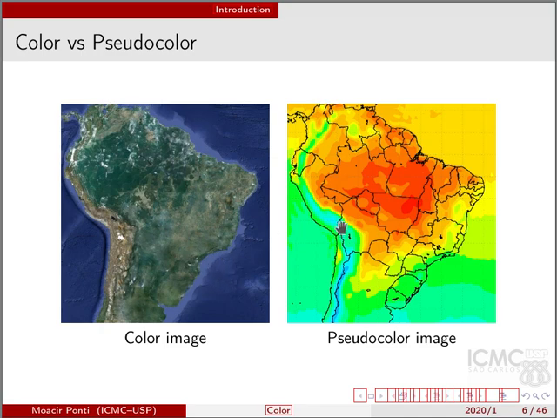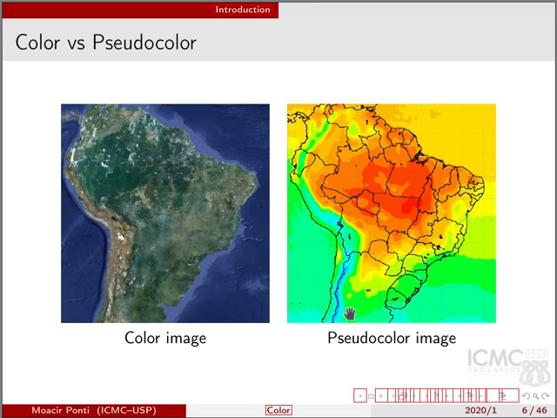On the right hand side here, I have a pseudo-color image. This image has colors that are associated with metaphors that represent some data, but they are not real. When we look at the satellite, we cannot really see those images. Here what we have is an image that was rendered by taking measures of temperature in those regions.